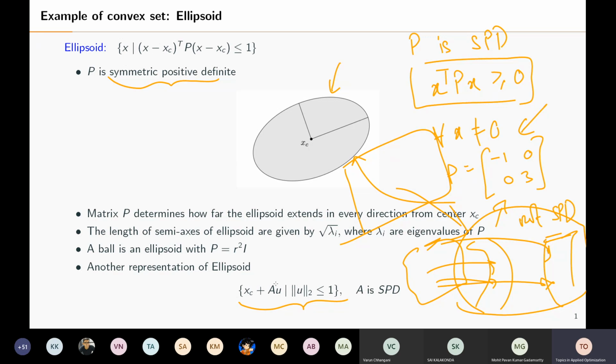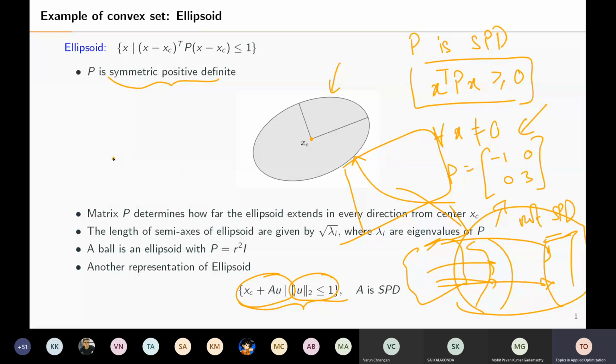Another representation of an ellipsoid is like this: x_c plus A times u. You start from a center and you take a vector u with norm less than or equal to 1. That's very important. Now let us recall what we did in the convex case of a line.